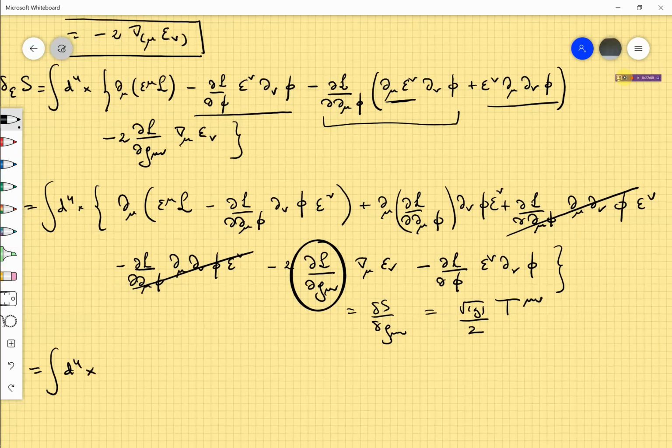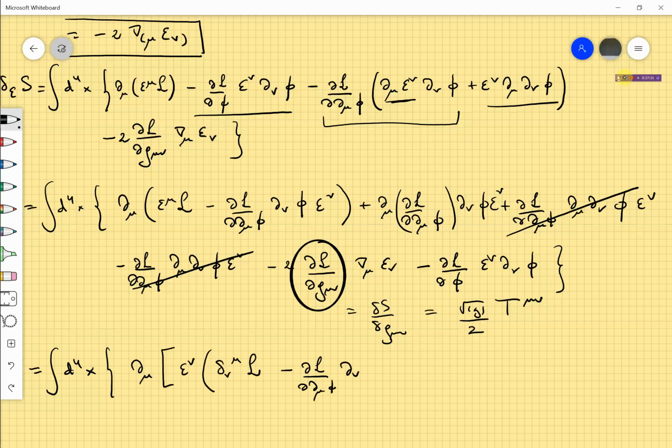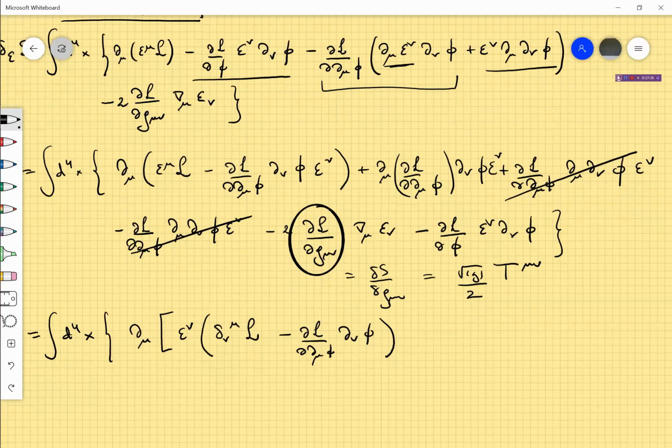So let me come here, and first of all, I reorder a bit this total derivative. There is epsilon nu, a common factor of delta nu mu L minus partial L with respect to partial mu phi partial nu phi. Okay, and remember that this is going to be essentially the canonical energy momentum tensor. This is why I write it in this way.